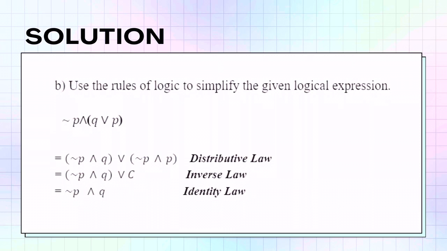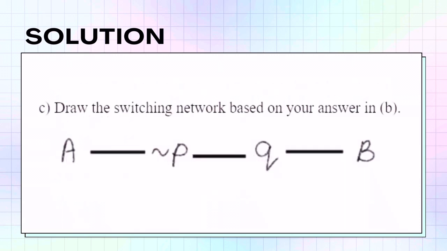And lastly, we apply the identity law because not P and Q has an or with contradiction. So finally, we get not P and Q. And this is the solution for C. Draw the switching network based on your answer in B. So A to not P to Q and ends with B.